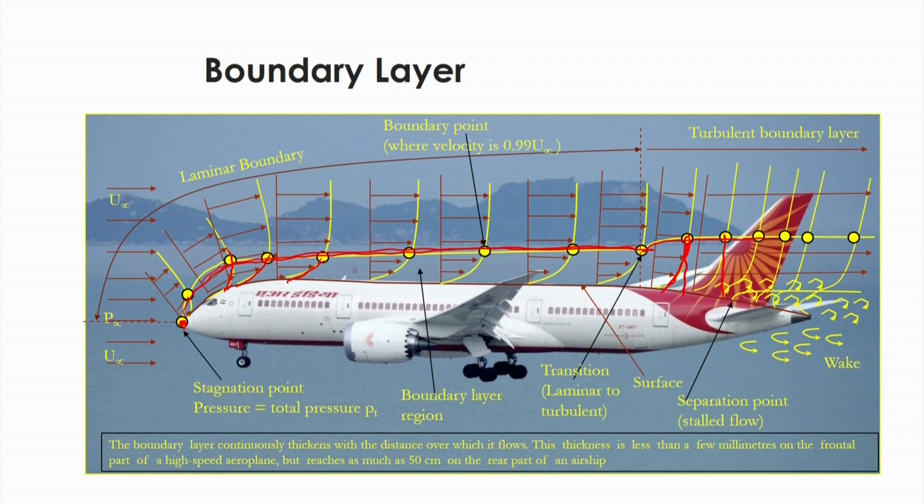Now, in this turbulent region, you will see there are two sub regions: one is called the laminar sub region, and another is called the turbulent sub region.